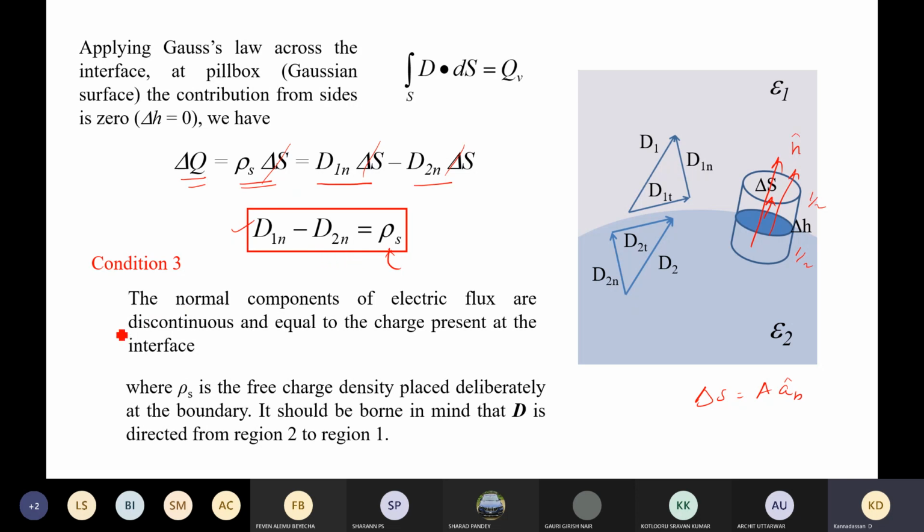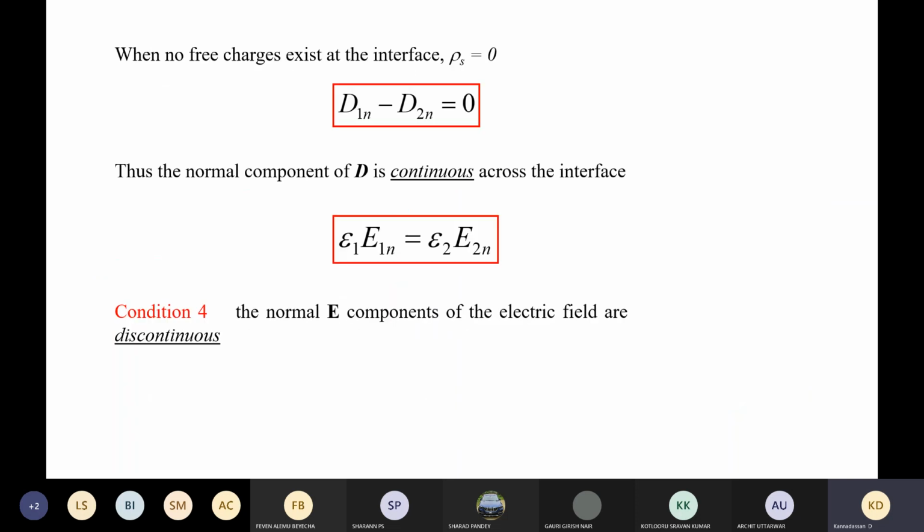Therefore, this is discontinuous. So the normal components are discontinuous because of the charge density. There are some special cases where we get no surface charge density, and in that case we will get the continuous field. And this we are going to write in terms of the field component itself, and thereby we are getting this.